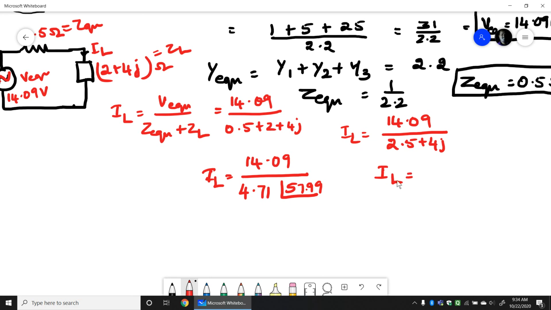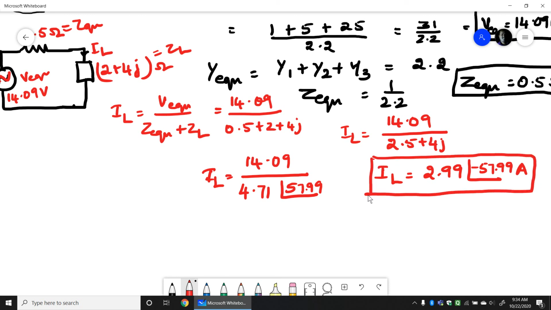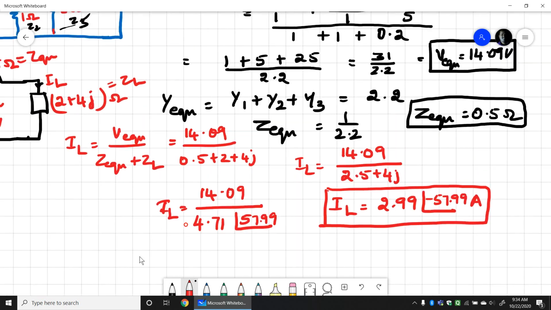Therefore IL would be equal to 14.09 divided by 4.71, which gives me 2.99 at an angle minus 57.99 amps. So this is the current IL. So this is the final solution which we need for this problem.